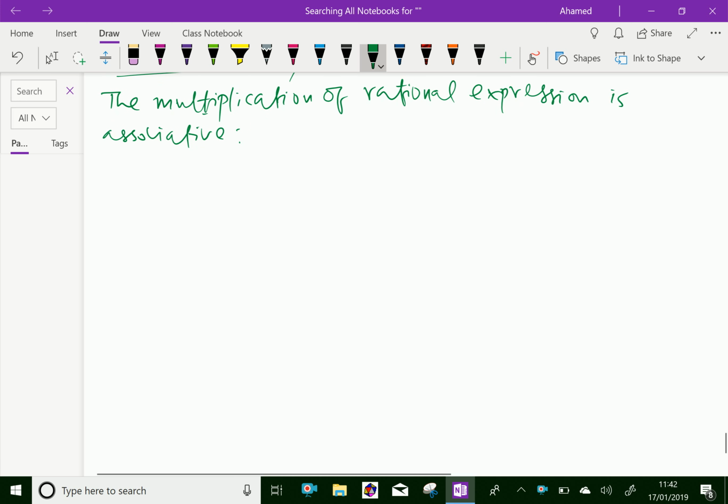That means suppose we have p of x over q of x into r of x over g of x into u of x over g of x.